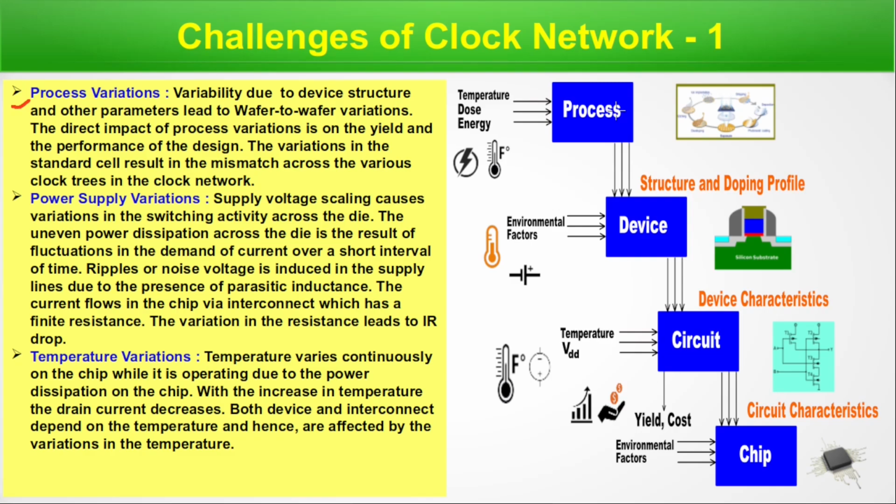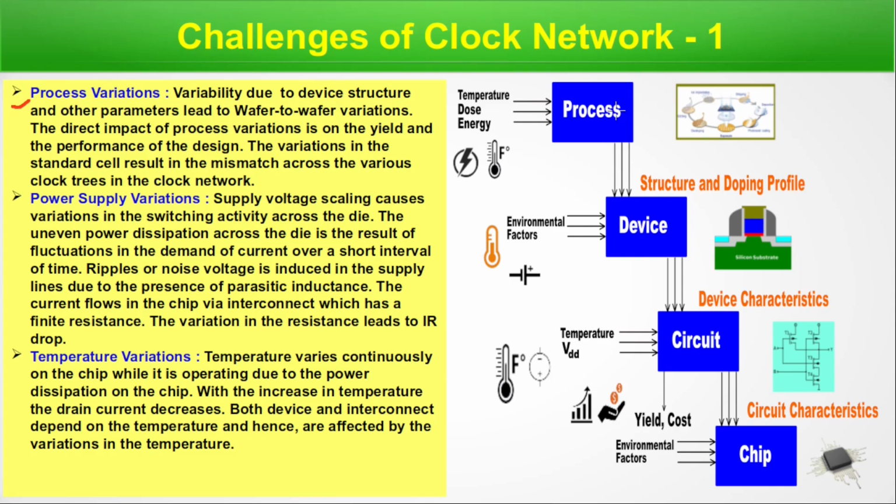As a result, the doping or oxide thickness, these parameters which are dependent on temperature, operating temperature, dose or energy, get a little bit varied. Even in a chip, one transistor from this side corner to another transistor at that corner are absolutely not identical to each other. So their performance is a little bit varied.